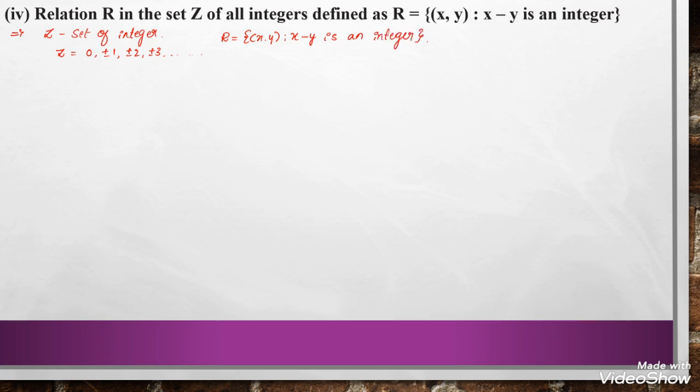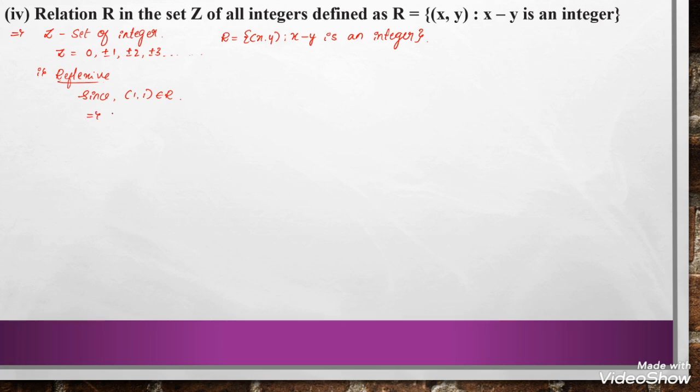Here I will consider the first condition, reflexive. Since 1 comma 1 belongs to R, I will write it as an ordered pair 1 comma 1.